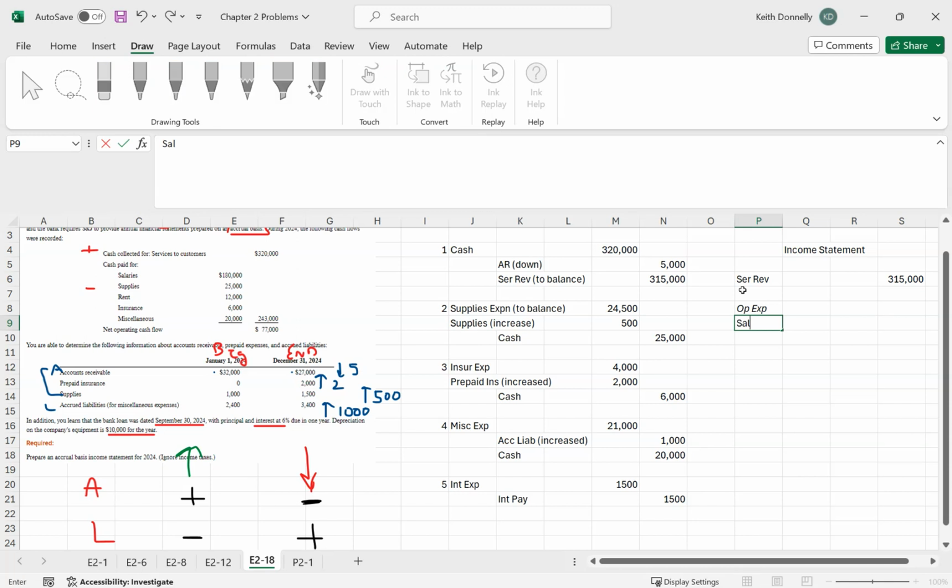These would be things like salary expense, supplies expense, rent expense, insurance expense, miscellaneous expense, depreciation expense. So these guys we would nab.